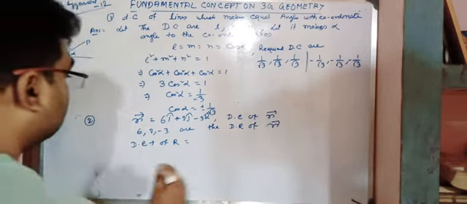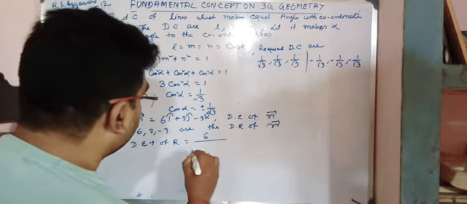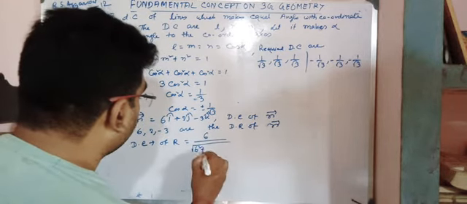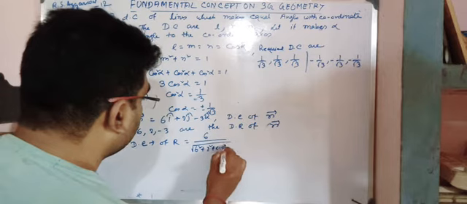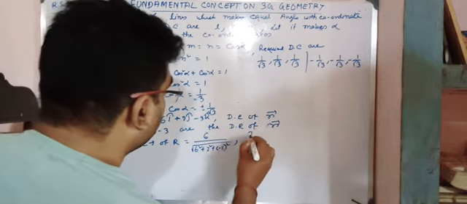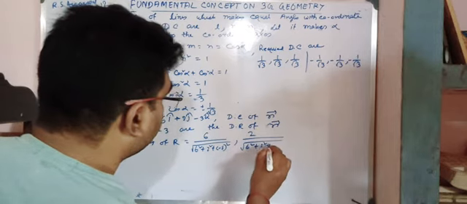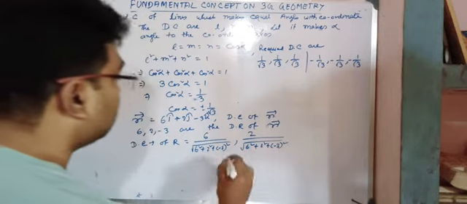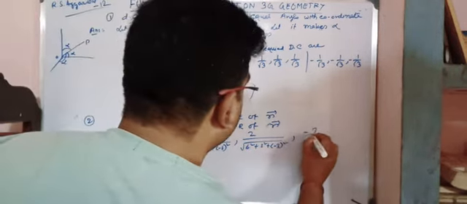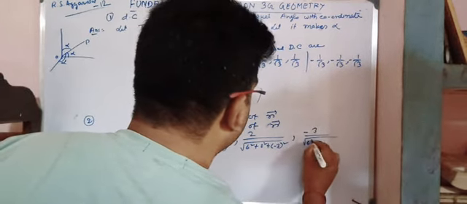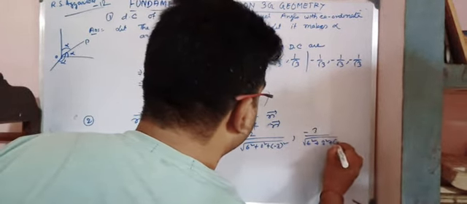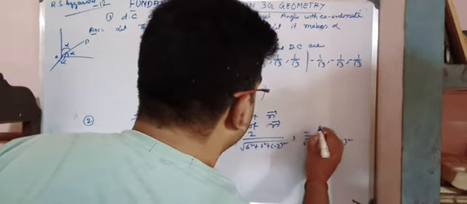So this should be: 6 divided by root over of 6 square plus 2 square plus minus 3 square, 2 divided by root over of 6 square plus 2 square plus minus 3 square, minus 3 divided by root over of 6 square plus 2 square plus minus 3 square.